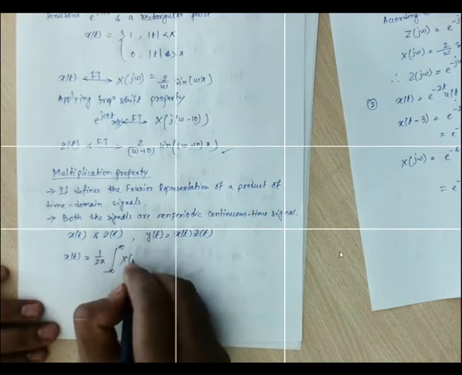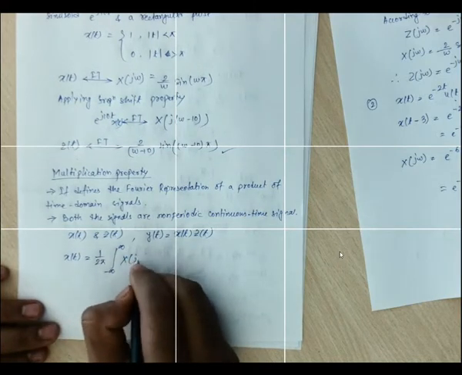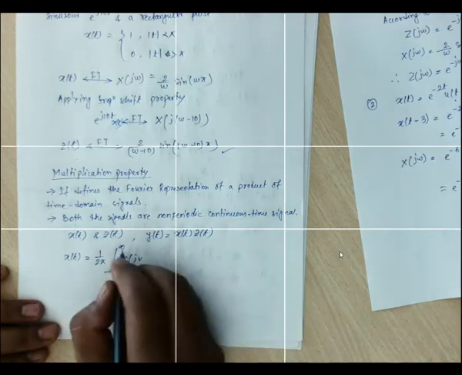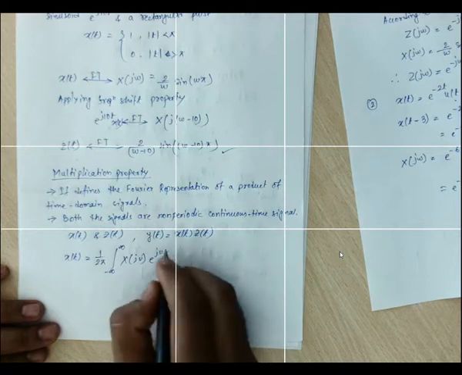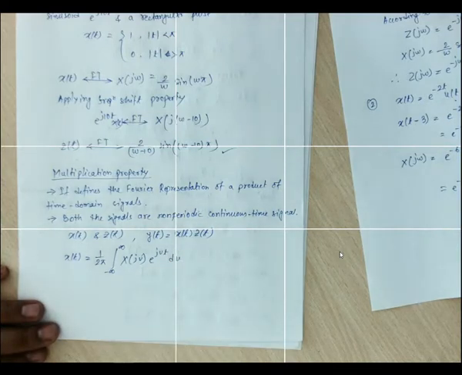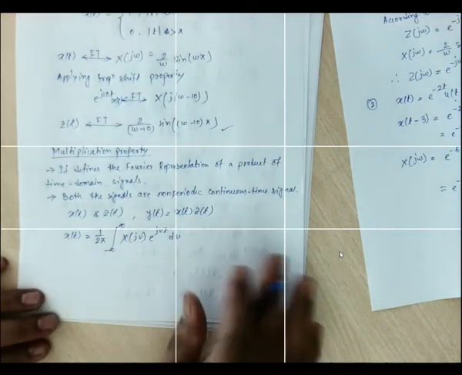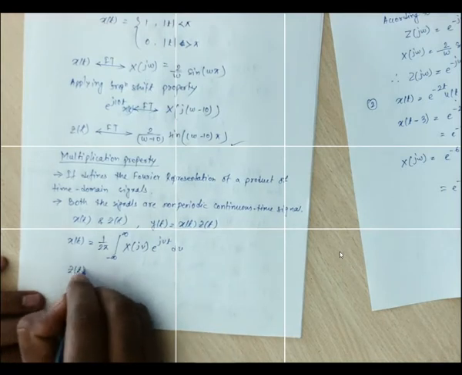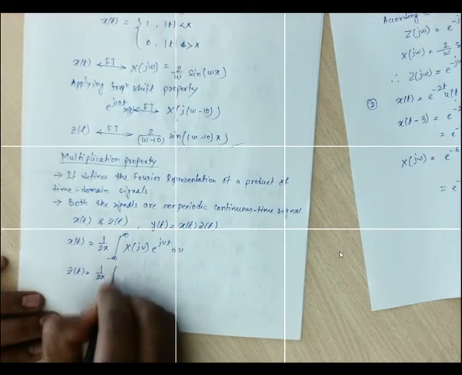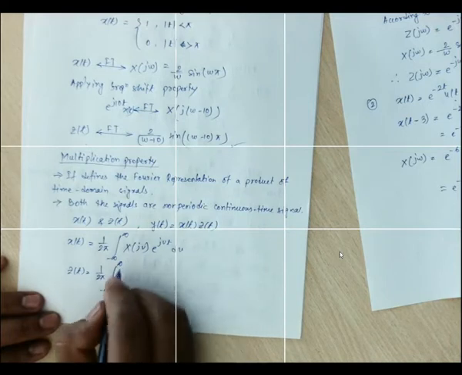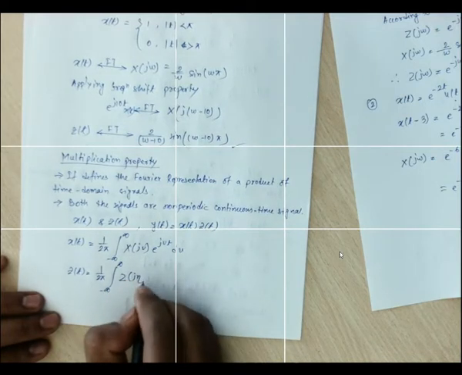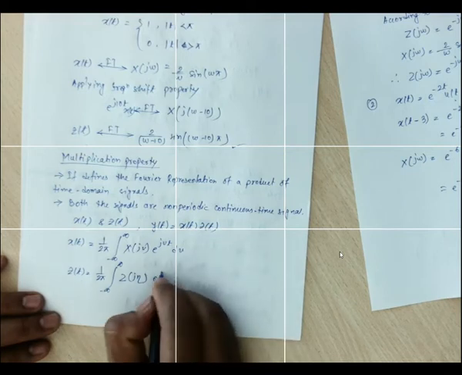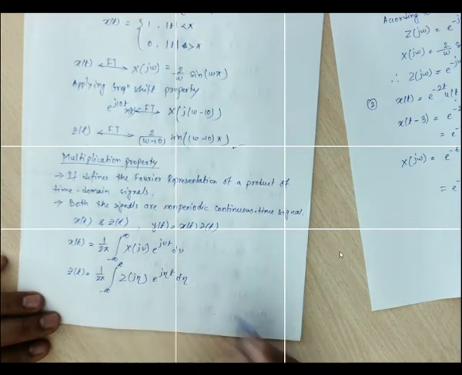Our z of t is 1 by 2 pi integration minus infinity to infinity Z of j eta, e to the power j eta t d eta.